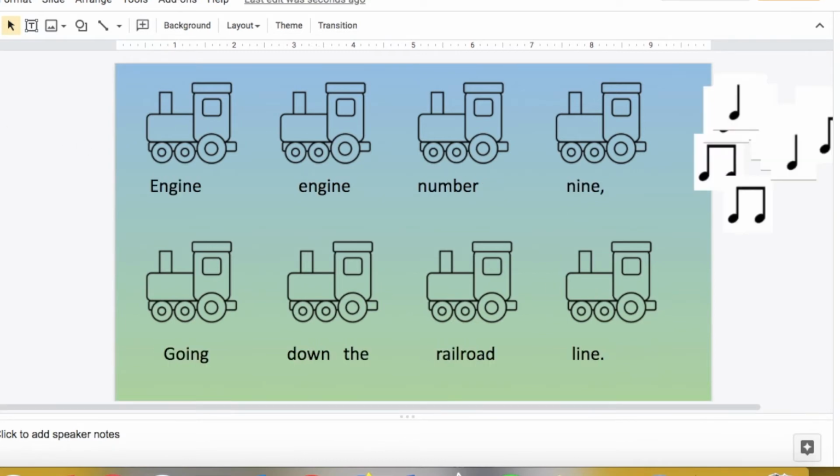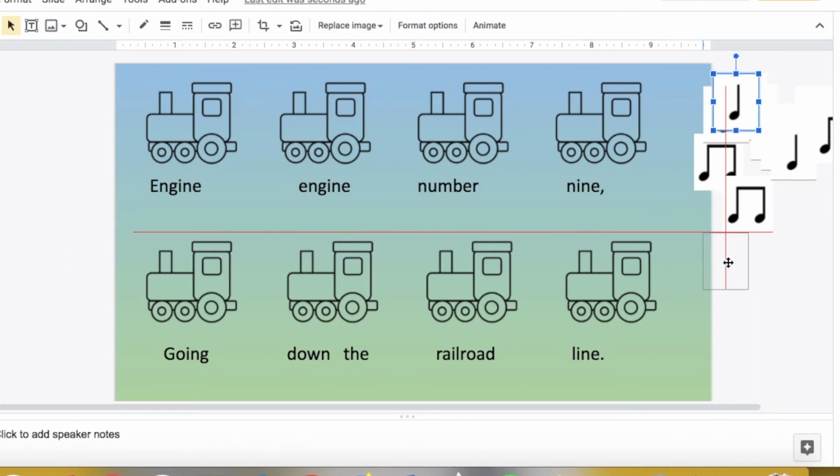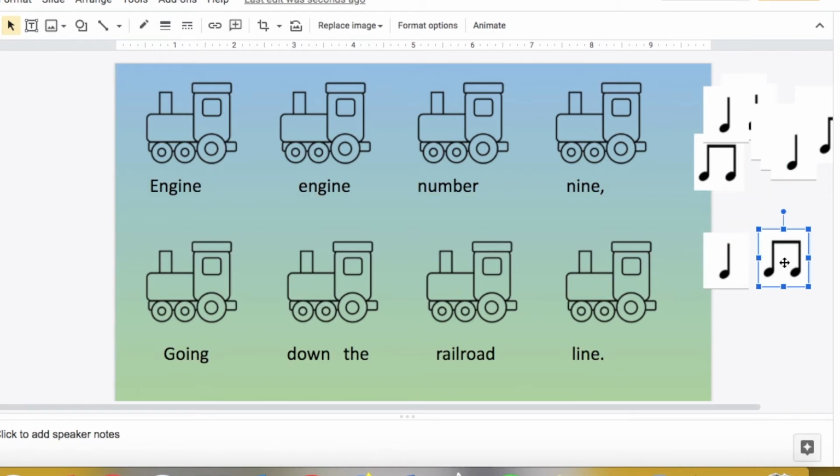So now we need to figure out what rhythms we would use in each beat. So remember, when we have one sound on a beat, we use this rhythm right here, a ta. When we have two sounds on a beat, we use this rhythm right here, a ti-ti. Let's think about the word engine.